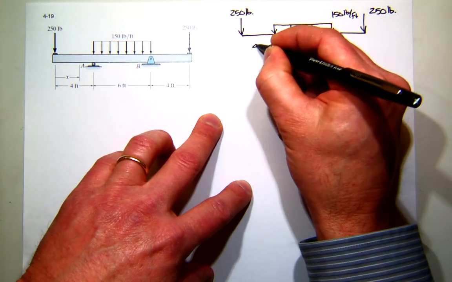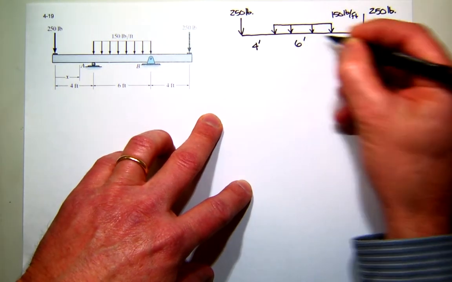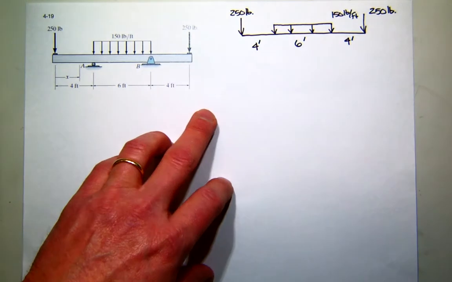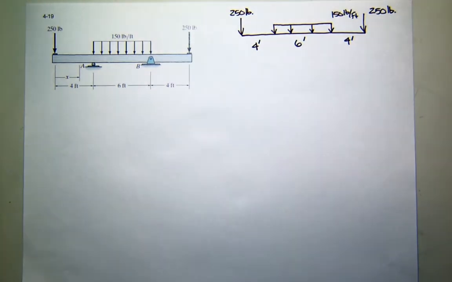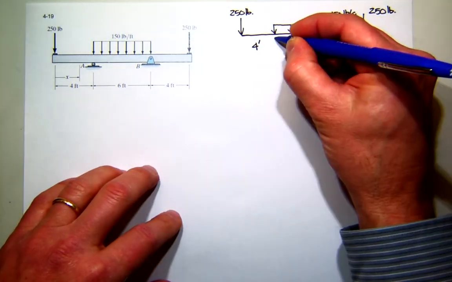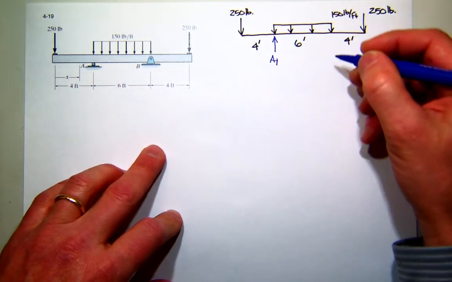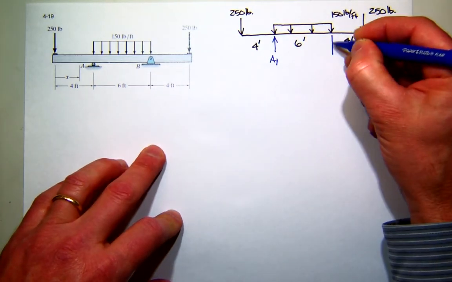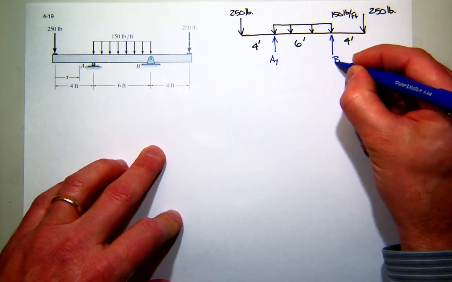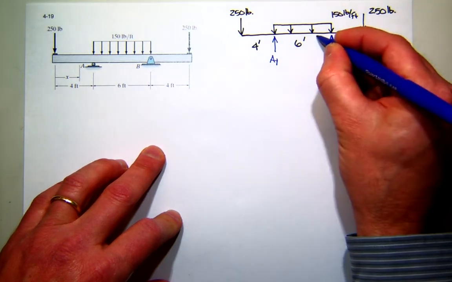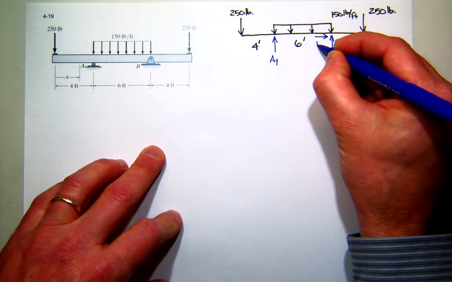And these dimensions are 4, 6, and 4. Now at my support condition, A is a roller, so I'll assume that I have a reaction up. And B is a pin, so I would have a BY and a BX.